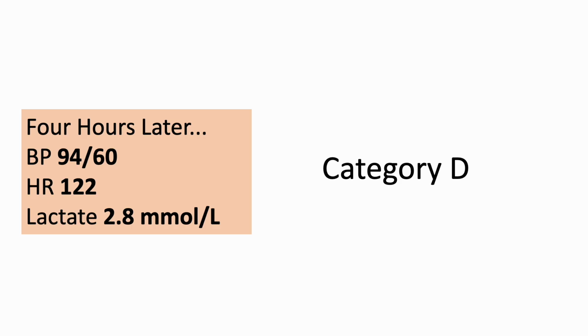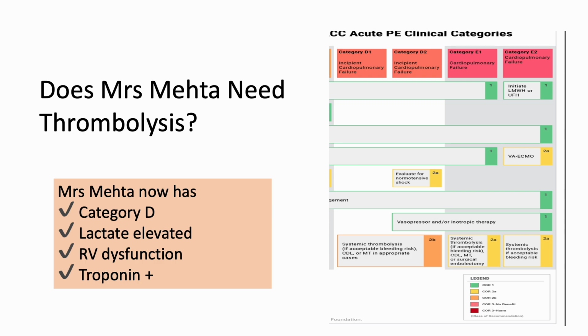4 hours later, her BP is 94/66, her heart rate is high and her lactates have gone up. Remember, normotensive shock? This patient's lactate being higher, this patient having a falling blood pressure, this patient now moves to my next category. So does Mrs. Mehta now need a thrombolysis?